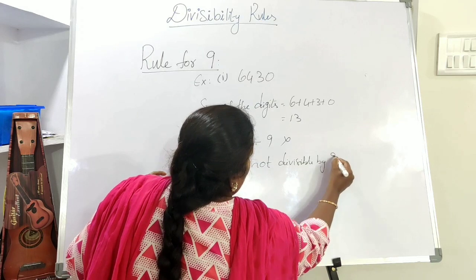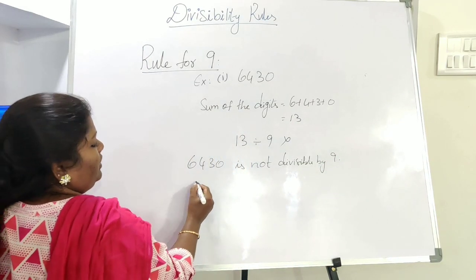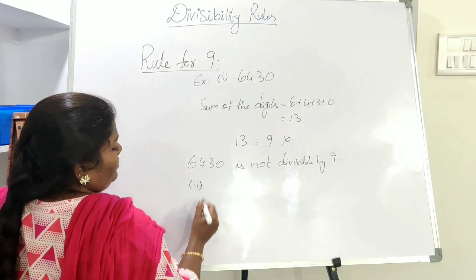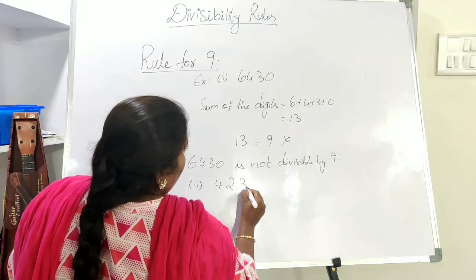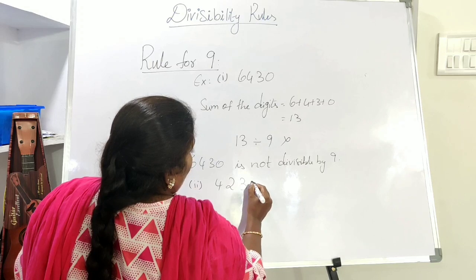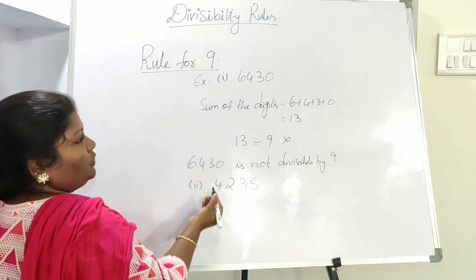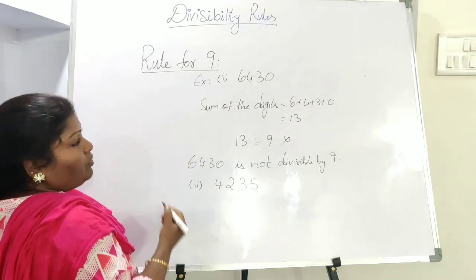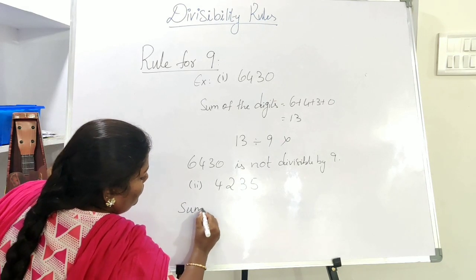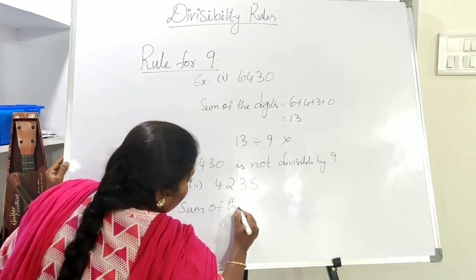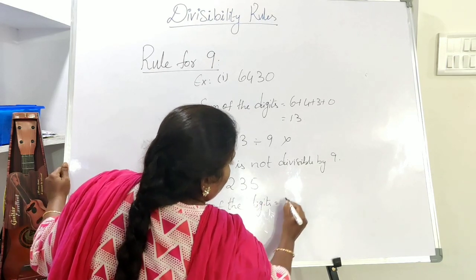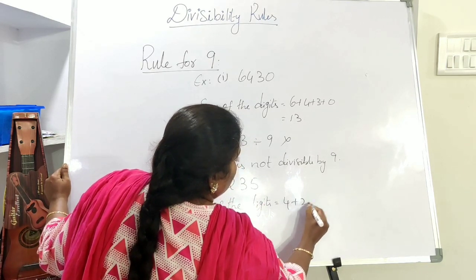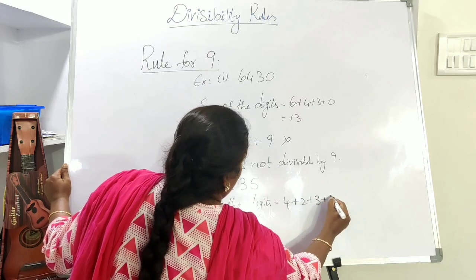by 9. Let me explain by taking another example. 4235. What you have to do? You have to check the sum of the digits. So the sum of the digits is 4 plus 2 plus 3 plus 5.